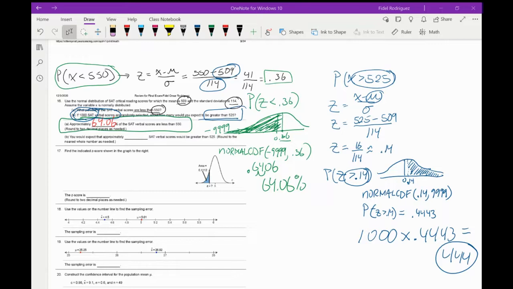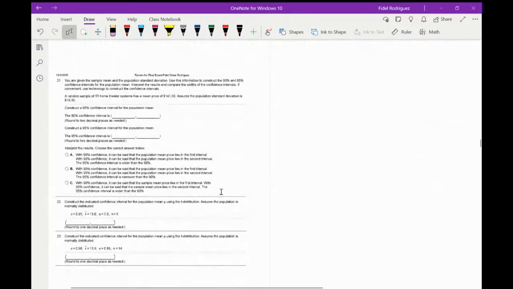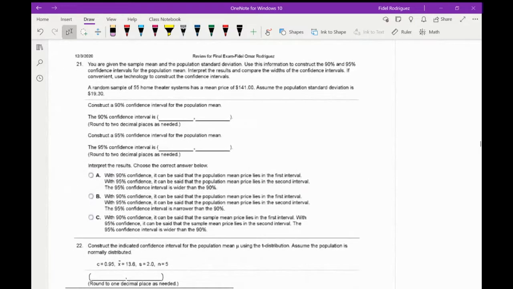Yeah, ask me. Question 21. Of course. Let's go to 21. Okay, excellent. It says you're given a sample mean and a population standard deviation.